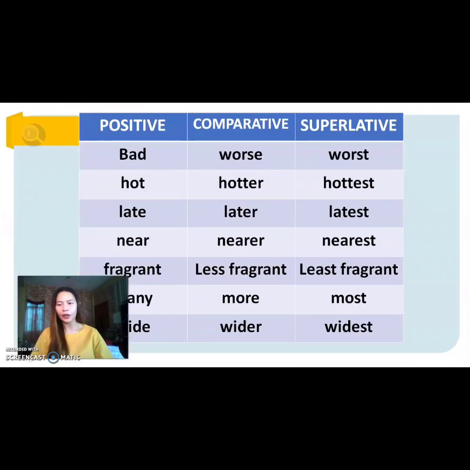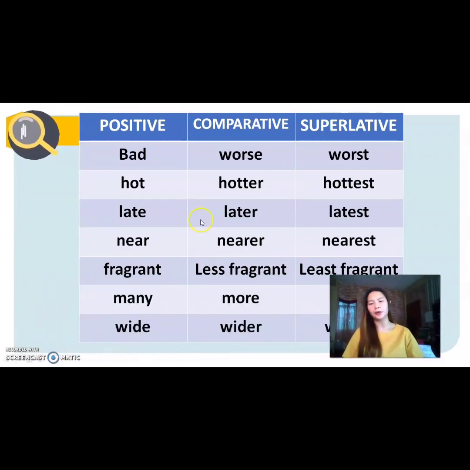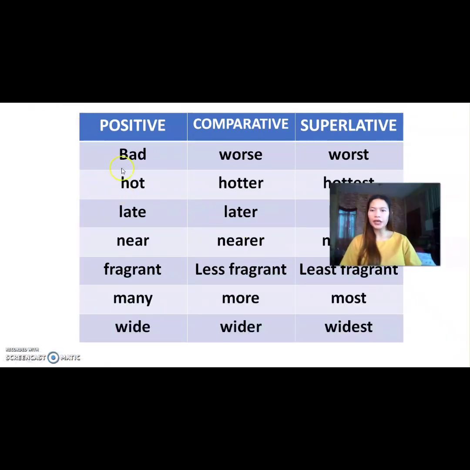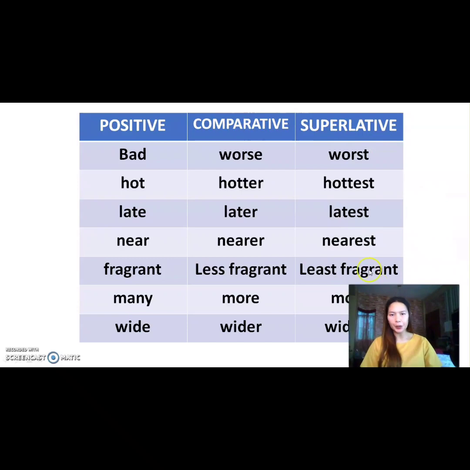Let's proceed with our table that will give you clearer examples. So we have here the table, which shows the positive, comparative, and superlative degree. We have bad, worse, and worst. Hot, hotter, hottest. Late, later, latest.